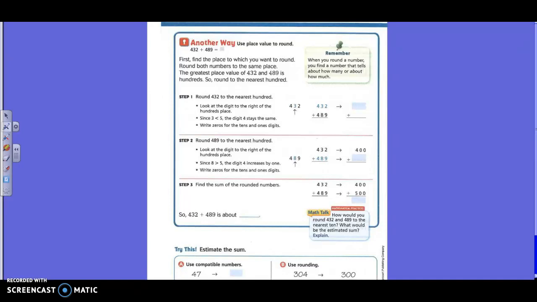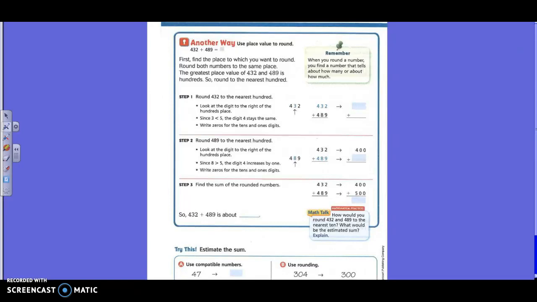The greatest place value of 432 and 489 is hundreds. So round to the nearest hundred. Okay, so we were just using easy compatible numbers before, and I was telling you that you could round, right? Now they really want you to round.